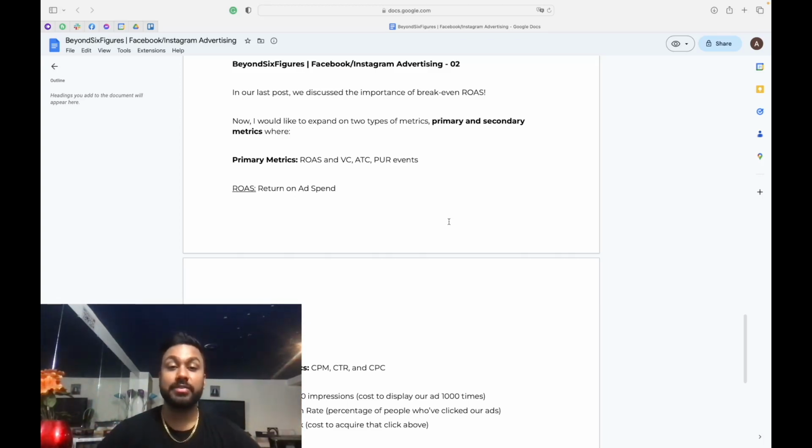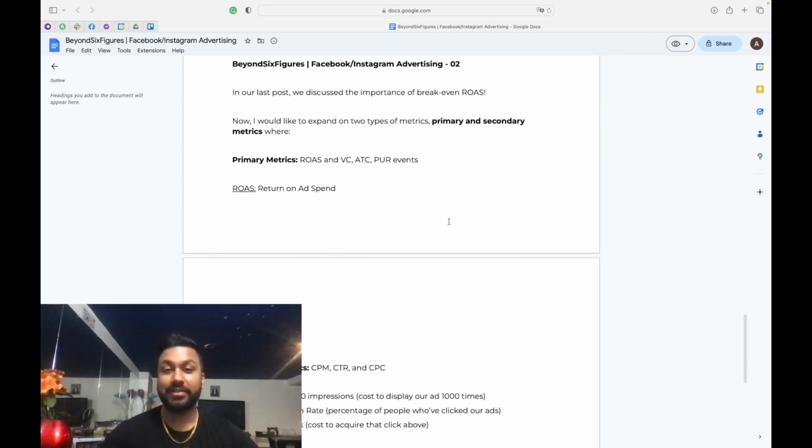Now, view content, add to cart, and purchase events are very, very important, especially because in our strategies, we look at them very carefully when you initially launch a campaign for a specific product, right, guys? The view content essentially means that the customer has clicked on your ad and viewed your landing page. Your pixel, which is the brain of your actual store, is able to record all the customer behavior.